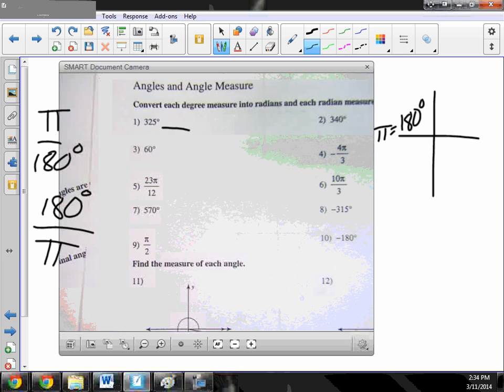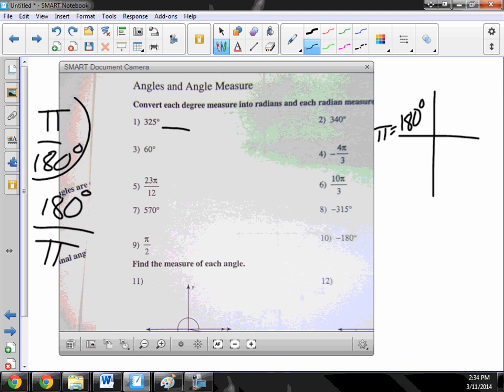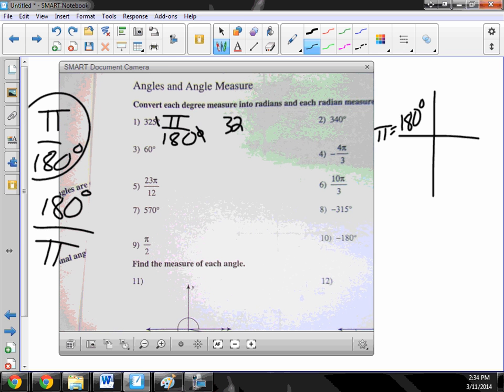How do I know which one to use? Well, I have degrees to start with, and I want to end with radians, so I want the degrees to cancel. So I'm going to use the one that has the degrees on bottom, pi over 180. That way, degrees cancels degrees, and I'm left with 325 pi over 180. And now all you have to do is simplify the fraction.